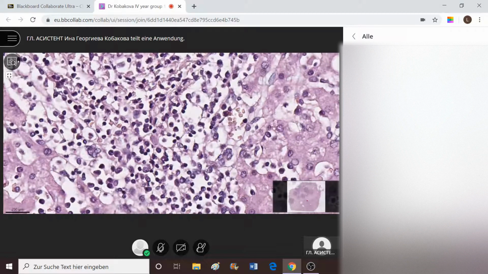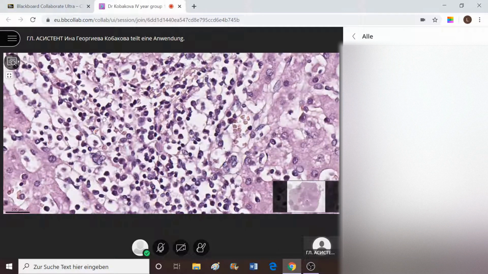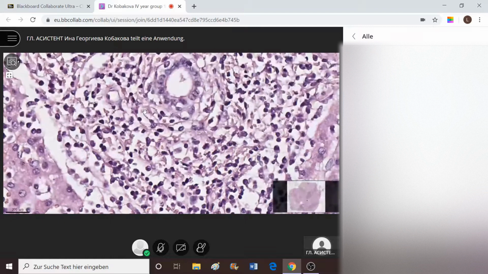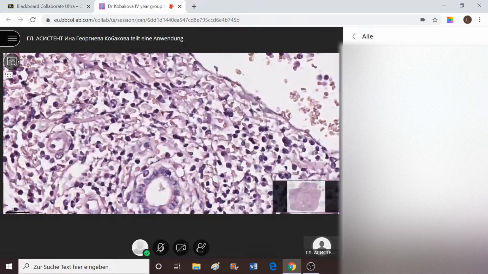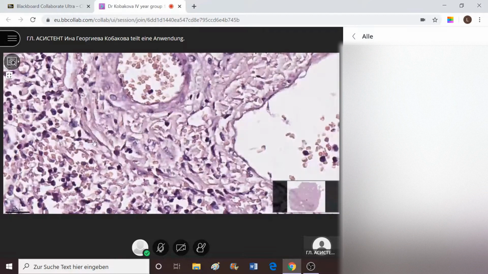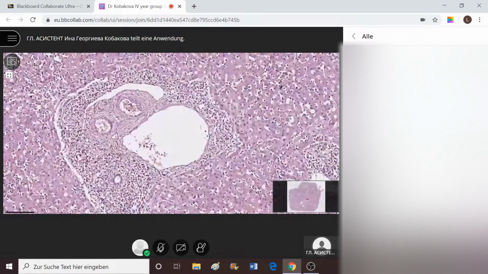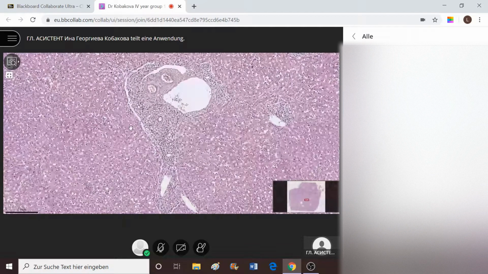These are actually blast cells, which are positioned in the portal tract of the liver. This is a sign, actually for sure, of extramedullary hematopoiesis, which happens in the portal tract when there is a process of leukemia going on in the organism. So what we observe here is a sign of leukemia.